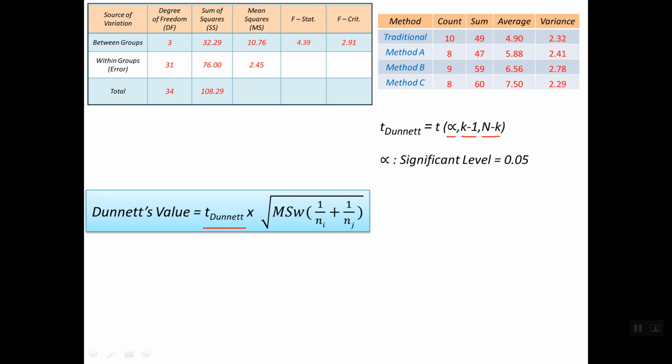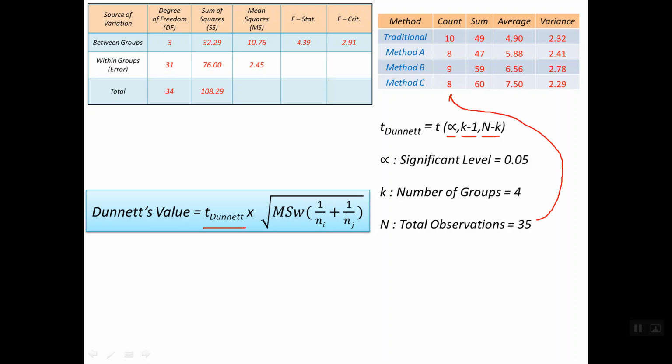So the value of alpha, which is the significant level, is 0.05. And regarding k, it is the number of groups. We have 4 groups. And for capital N, the total observations, if you count the observations for the 4 methods, 10 plus 8 plus 9 plus 8, you will get 35.